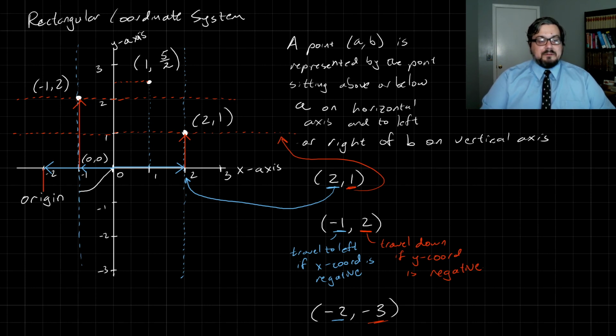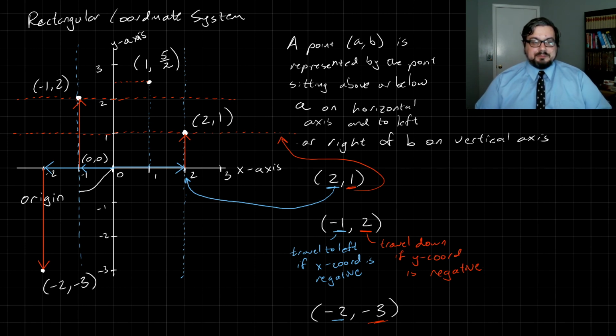And then the second coordinate, the -3, tells me that I'm going to move down by 3. And so this point right here is the point -2, -3.